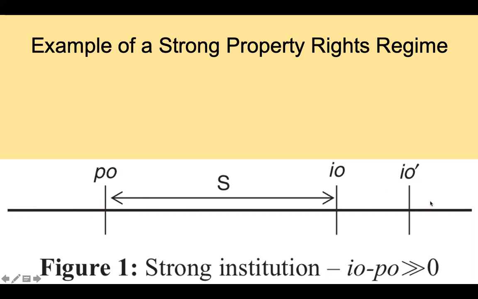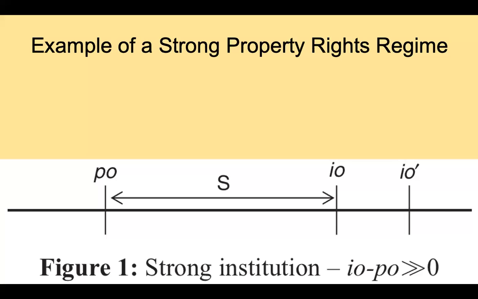Now, our intended outcome when we create a property rights regime is to protect the assets that individuals own, protect their ownership of their accumulated assets. So we might say that our intended outcome is to protect all of the assets that are accumulated and owned by private individuals.